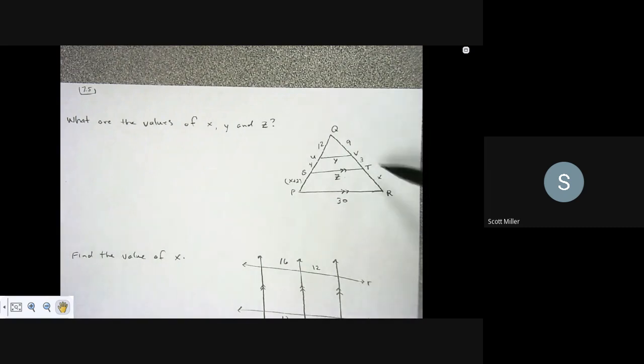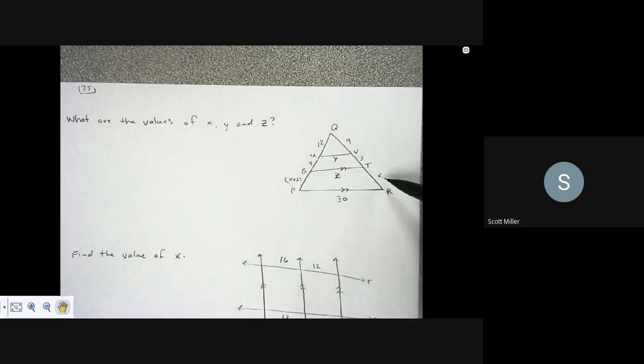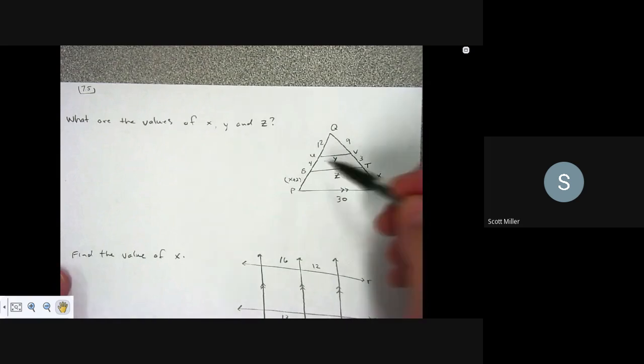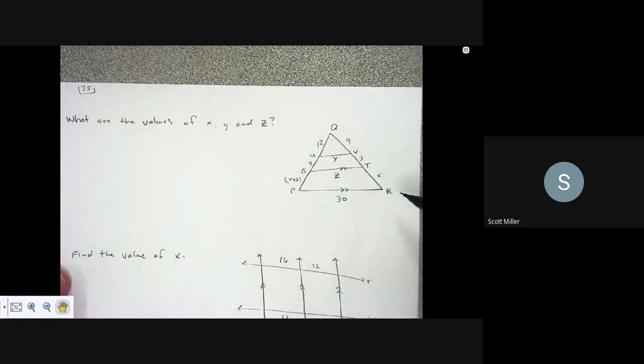So if we want to start by looking for X, that's the best place to go. X is these pieces down here. Okay? And so what do I know about this kind of stuff? Well, I know that if I draw a segment that is parallel to the third side, which this one's supposedly supposed to be, then it cuts the pieces into a proportion.